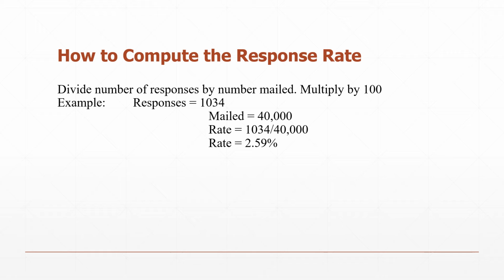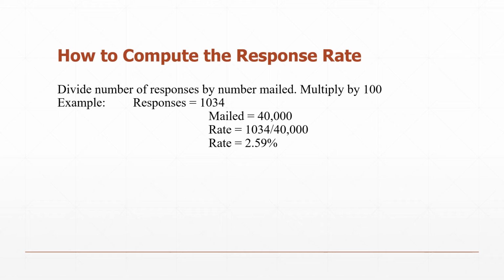So to be able to understand RFM and exactly how it works, you need to be able to compute a response rate. The response rate is the number of people who respond to and purchase, divided by the number of people the offer was made to. So here's an example. Let's assume that I have mailed to 40,000 people and I have 1,034 responses that have purchased my offer.